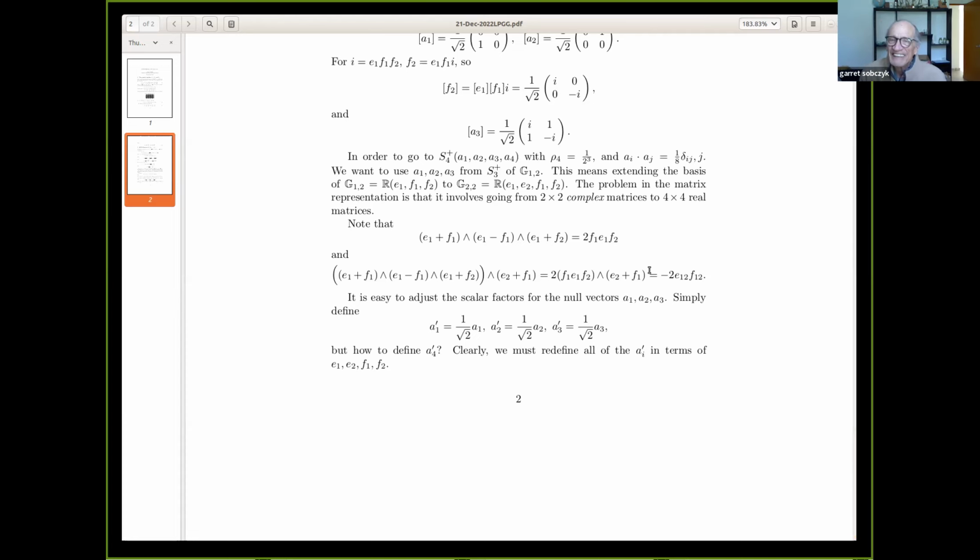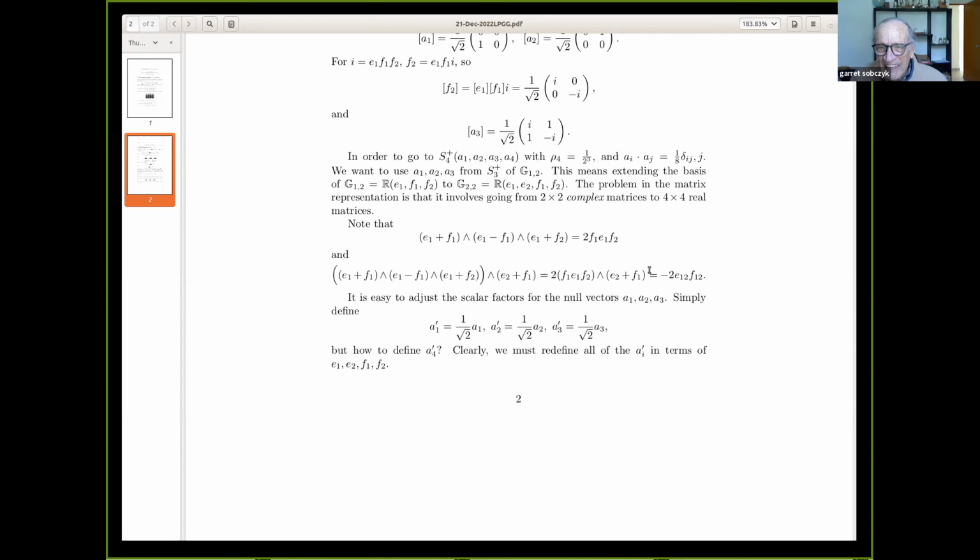Can I define these null vectors in this way, or is that just my imagination? For some reason, I believed I could do that, but now when I'm actually filling in all the details, I do have a problem.